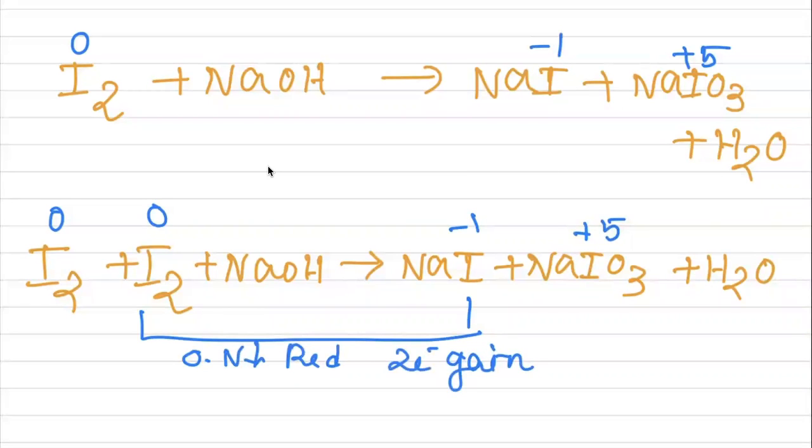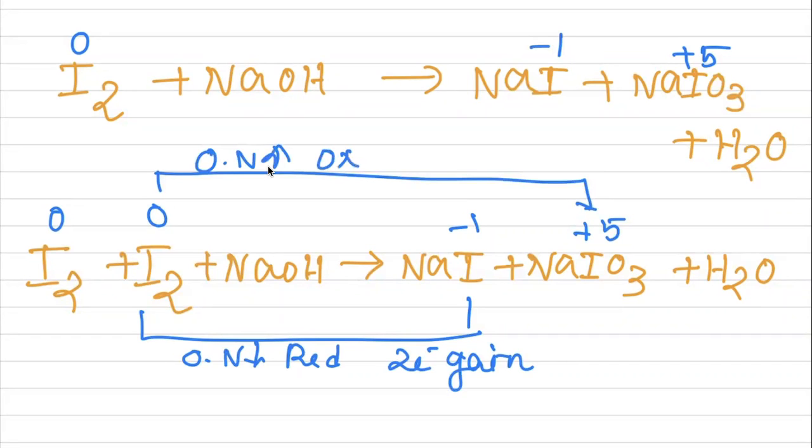And from here, the oxidation number increases, so here is oxidation and 5 electron loss.